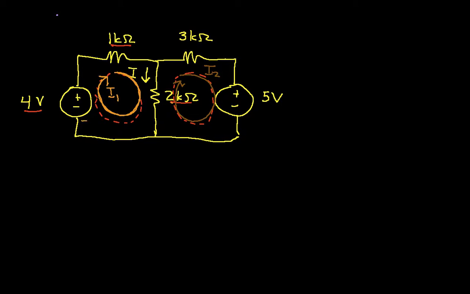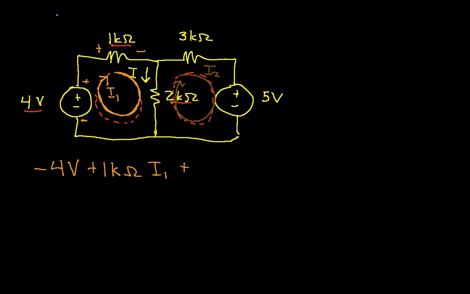So I'm going from negative to positive on this source. So Kirchhoff's voltage law will give me a minus 4 volts. And then I get the voltage across this 1K ohm resistor. We know from Ohm's law that will be 1K ohm times I1, whatever I1 happens to be. We don't know what I1 is yet, but by the time we're done, we'll have 2 equations and 2 unknowns, I1 and I2, and we will solve them.